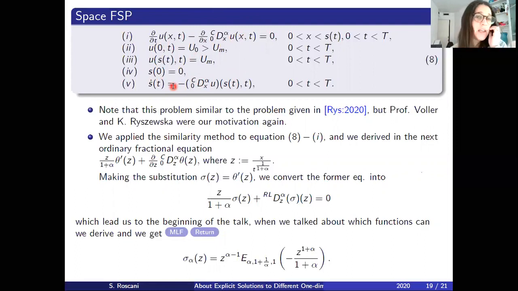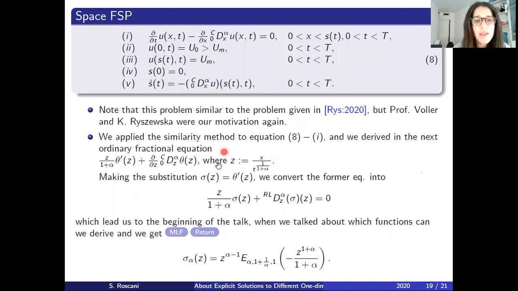So our approach was to consider a similarity method with a similarity variable zeta, which is x over t to the power of 1 over 1 plus alpha.